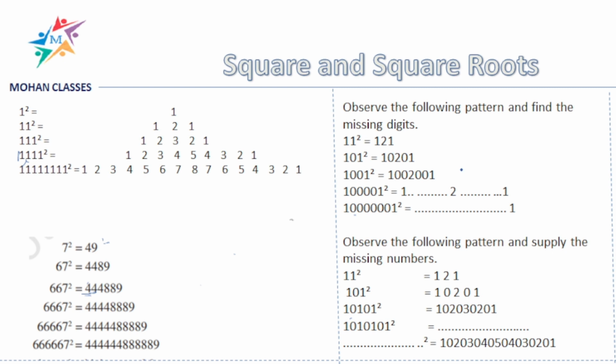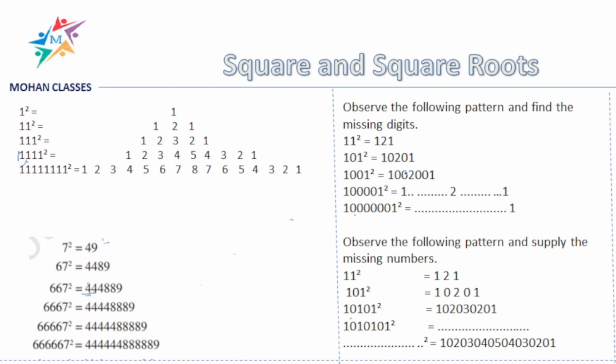So let us see some examples. Observe the following pattern and find the missing digits. 11 square is 121. 101 square, 10 is in the middle of this 11. So 1, 0, 2, 0, 1.